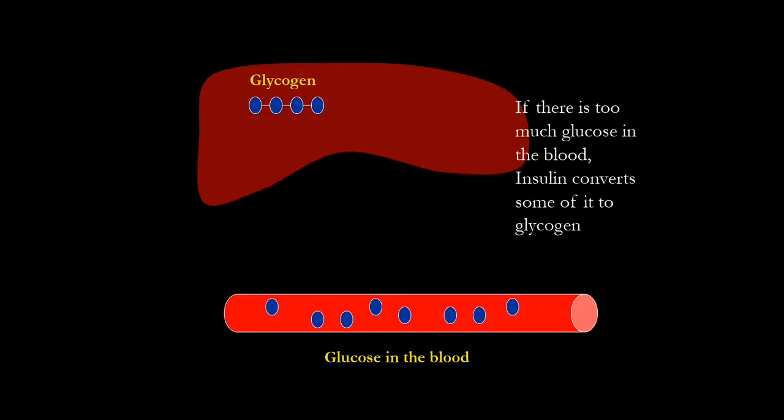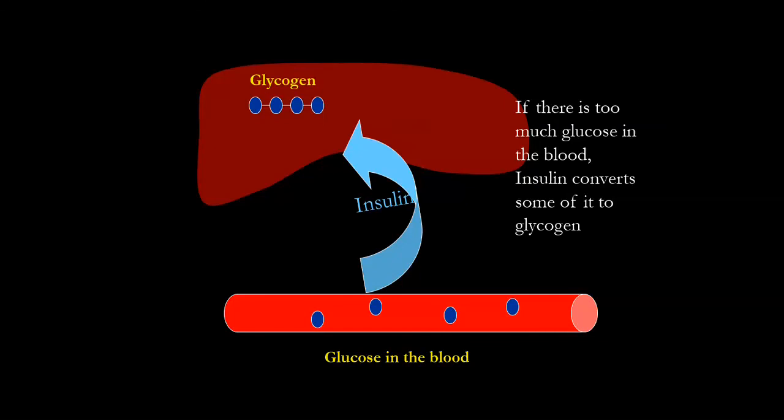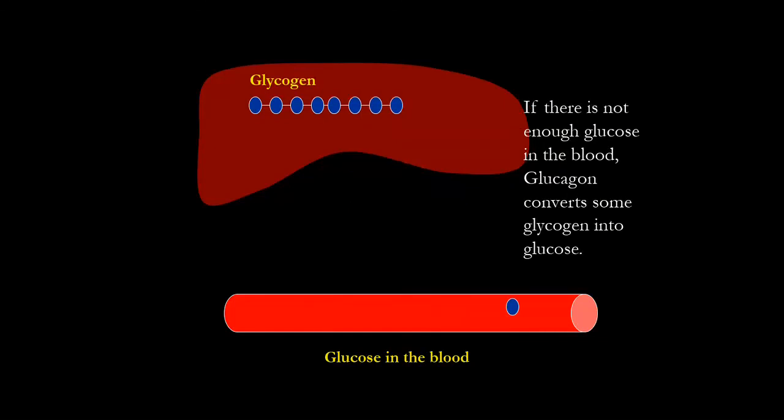And in case there is too much glucose in the blood, it is the work of insulin to carry out metabolic processes that will see a decrease in these levels. And in case there is very low concentration of this particular substance, then it is the work of glucagon to see how more glucose will be formed.